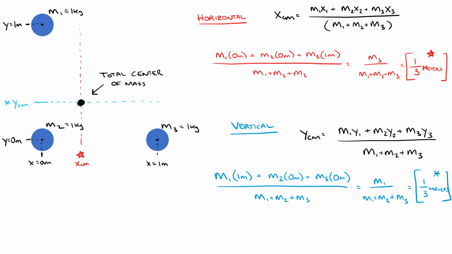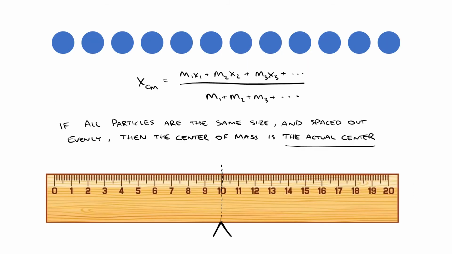Okay. And this last one I wasn't going to do in full. I was going to just sort of summarize. Say we have all of these individual small little points. They're all the same exact mass. They're all spaced out the same. And we zoom out. That is what a solid object is made of.